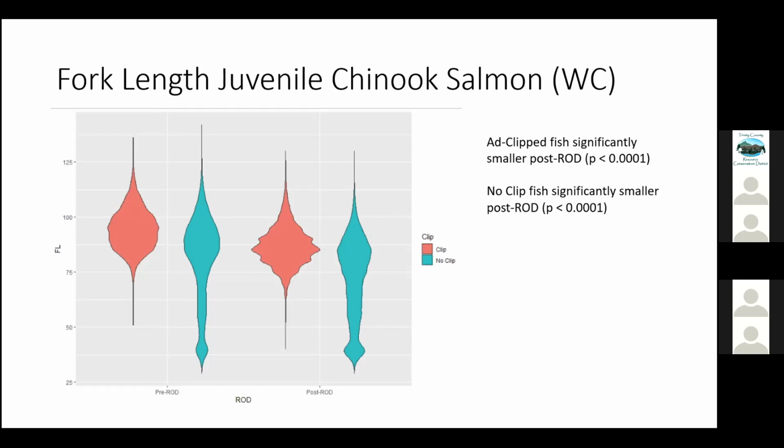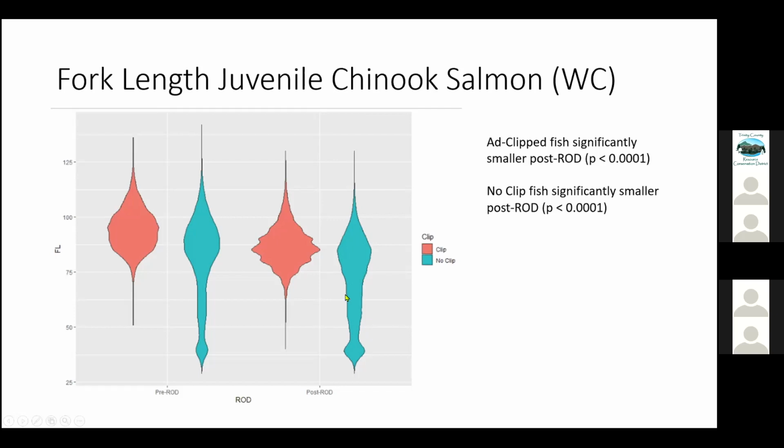Yeah, I would caveat that to say that there were more fish measured post-rod. So we did increase our sample size post-rod, and I think some of that is due to the fact that we were just measuring more fish.